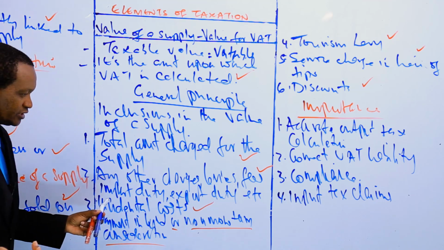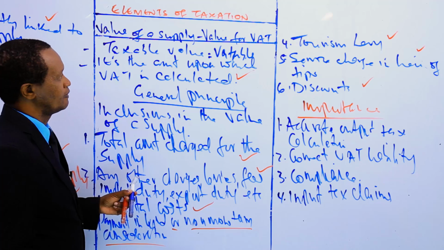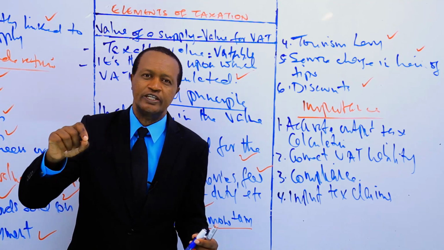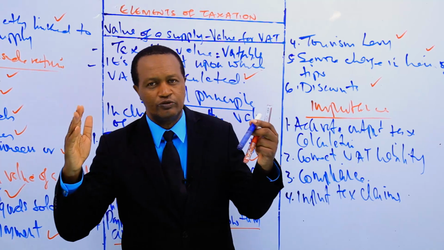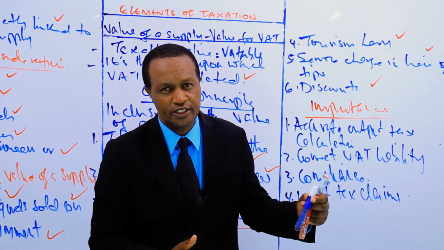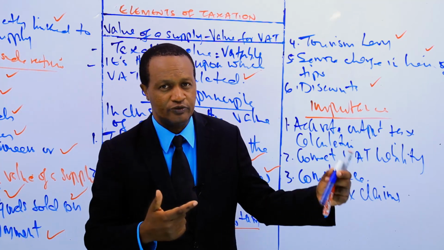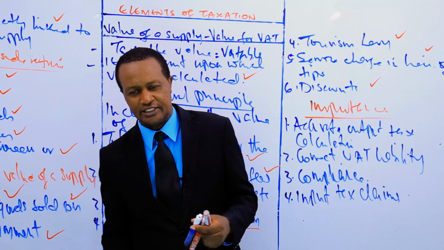So that is all, candidates, for today's lesson, which is the value of a supply or value for VAT. And we've said at the beginning that in the context of value added tax in Kenya, the value of a supply is also known as the taxable value or the VATable value, and it is the amount upon which VAT is calculated.